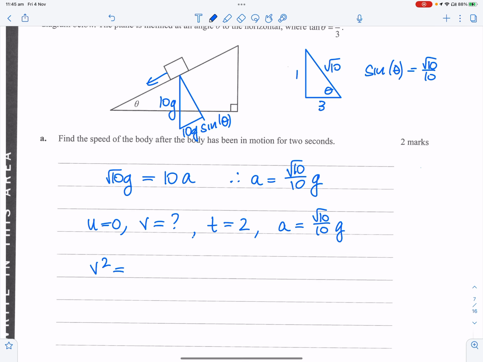We know v squared equals u squared plus 2as. No. What do I want to find? What formulas are there? I need a formula sheet.